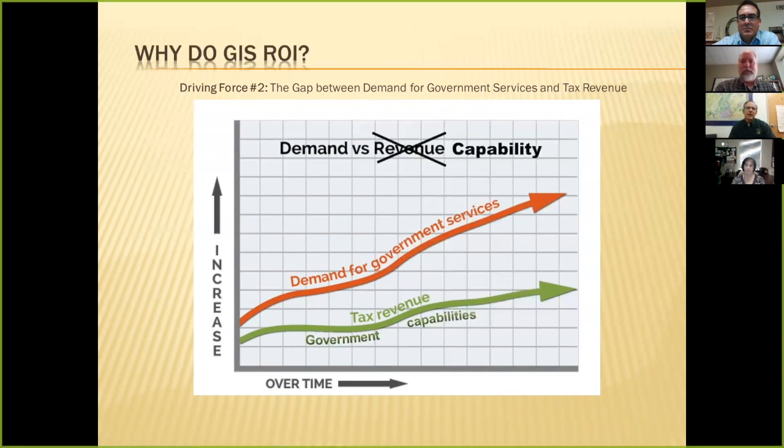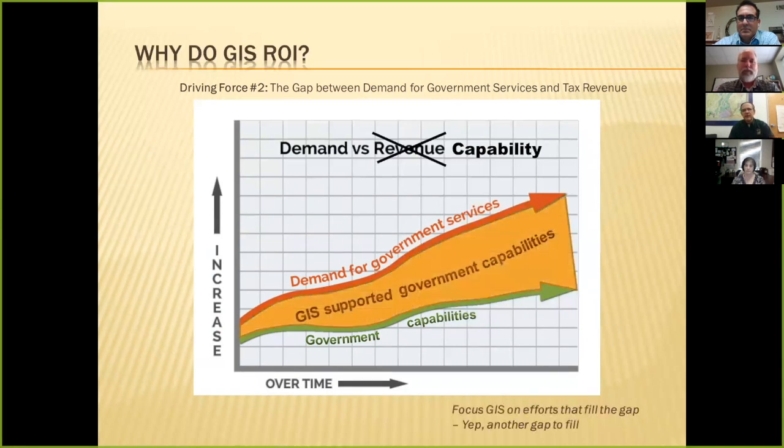So GIS professionals can position themselves by first recognizing who within their organizations are the early adopters of process improvement and team up with them to close this gap between the service demand and their current capabilities.